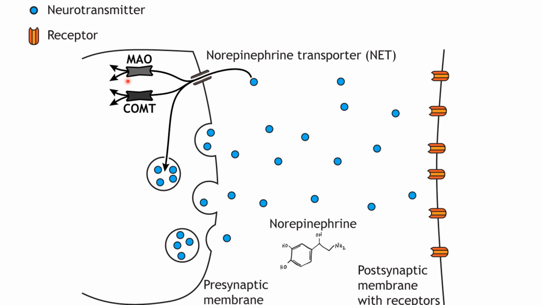And when they reach the presynaptic terminal, they can either be degraded by MAO, monoamine oxidase, or catechol O-methyltransferase, and others will undergo repackaging into the synaptic vesicle. So that is now the mechanism of the catabolism of the norepinephrine after it is released in the synapse.